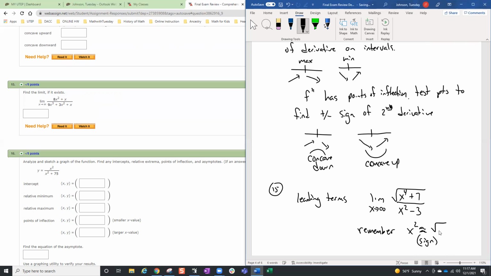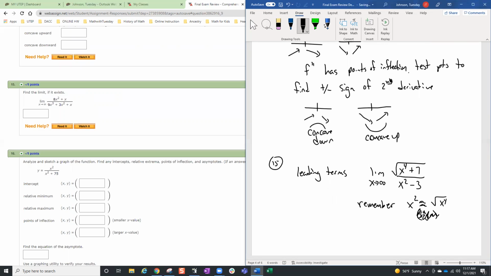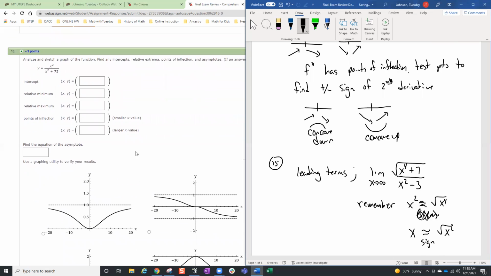The square root of x to the fourth. Actually, the sign won't be different in this case. These are equal. We might have x. This one depends on sign with x squared. So when you're dividing by the highest power, make sure you take into account the square root action on it.